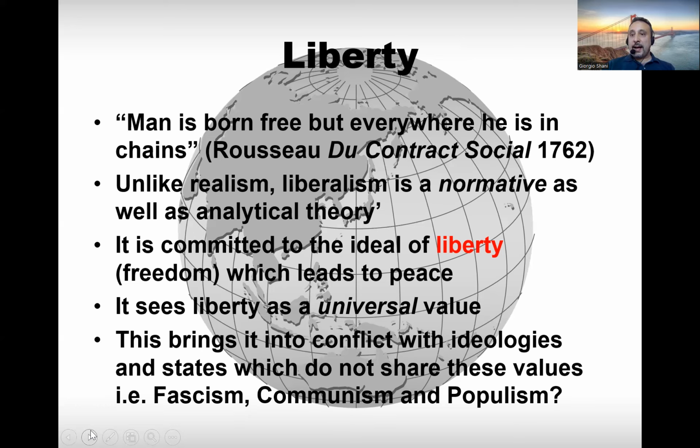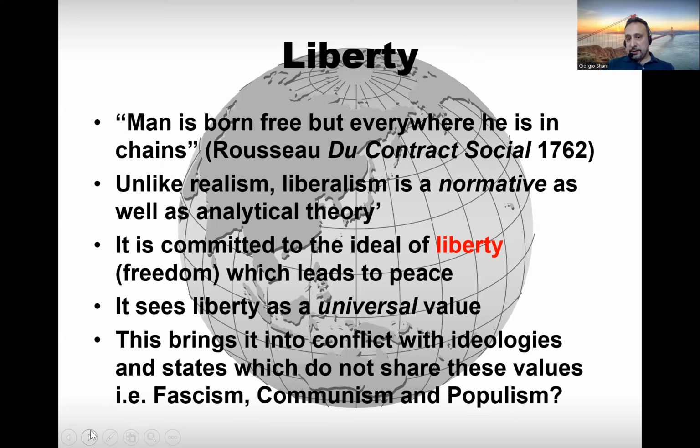And if we look at the case of Soviet socialism or Soviet communism, there we saw the Soviet Union did not respect the liberty or the rights of the individual.